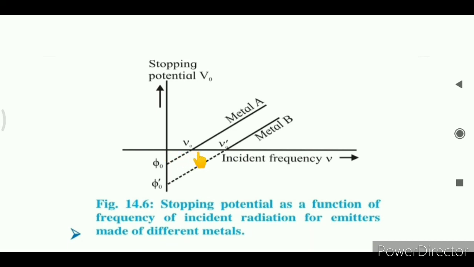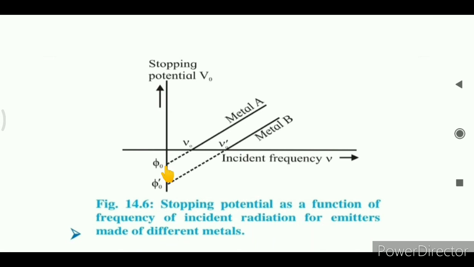Above that, as the frequency increases, the stopping potential also increases, and the intercept that we get on the frequency and stopping potential axes is at phi 0. This value phi 0 we will discuss later in the chapter. This is for metal A.